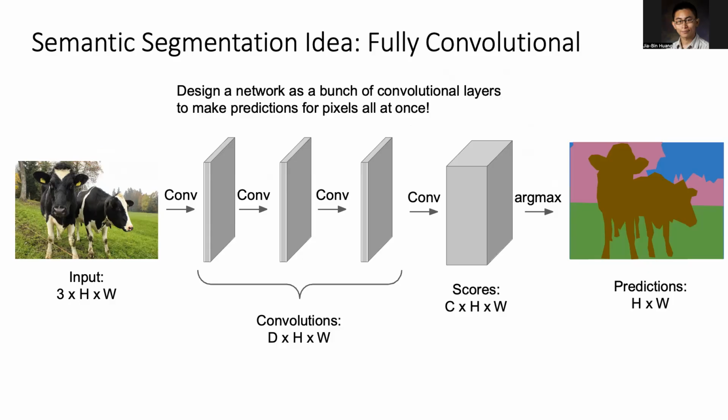But here the cow is very large. So in order to recognize that a pixel is a cow, we need to see a large region in the image. In this case, we don't have that. We need many convolutions to capture the whole picture of the image.